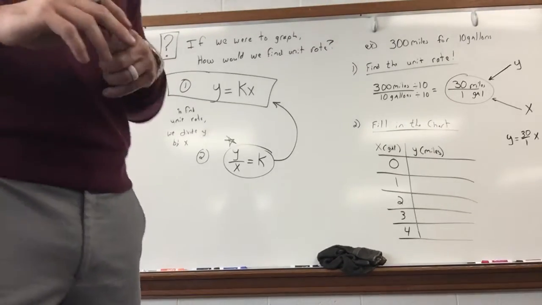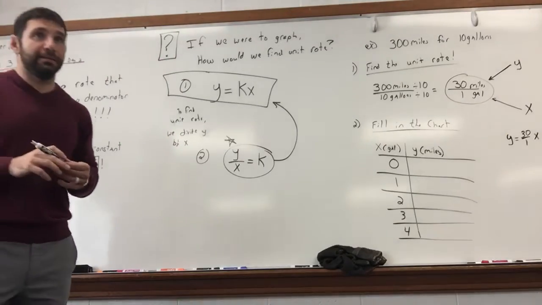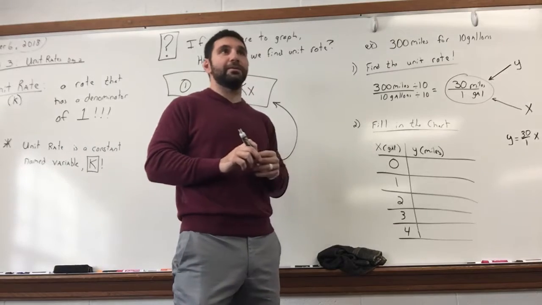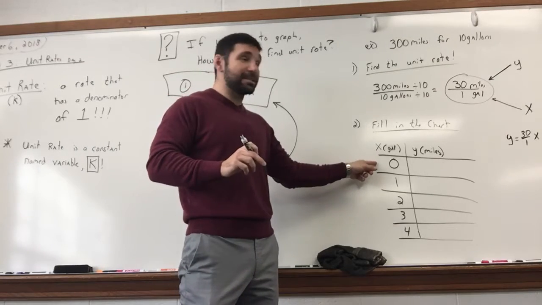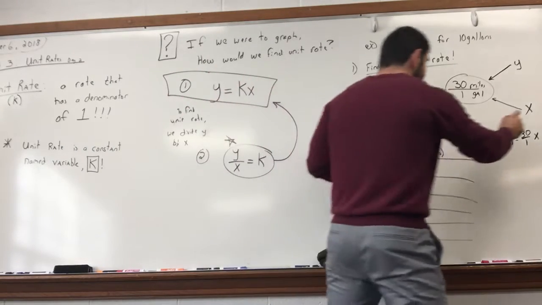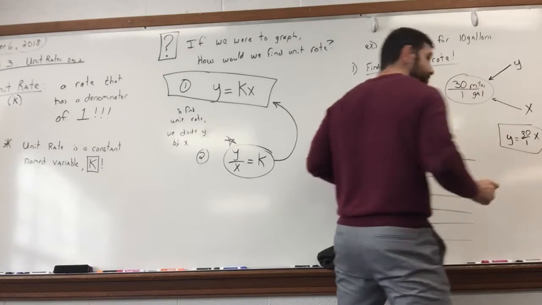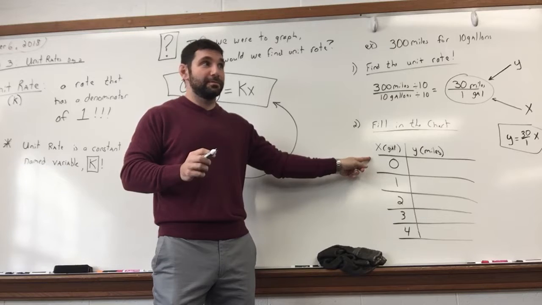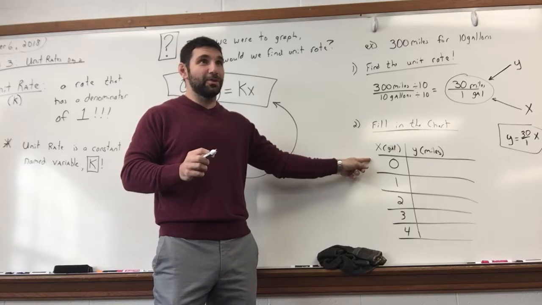Now we are substituting in. Well, it's giving me my x value. So where am I going to substitute my x value in? For which letter? Which letter will I substitute my x value in for?